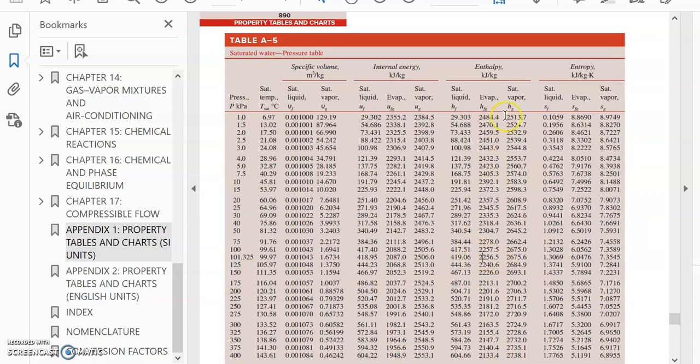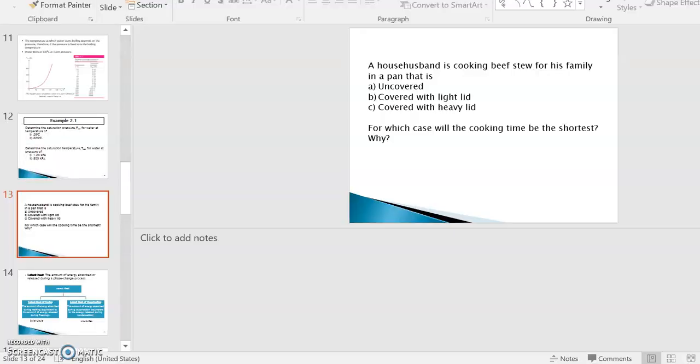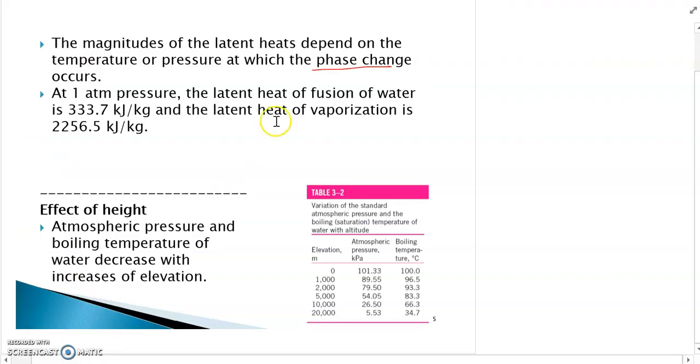So this value here, 2256.5 hfg. Okay, so your latent heat, see, these values are the same, 2256.5 kilojoule per kg. Latent heat of vaporization is known as enthalpy hfg.